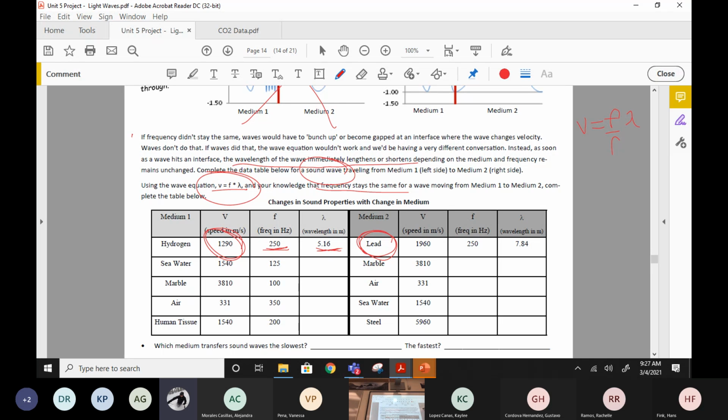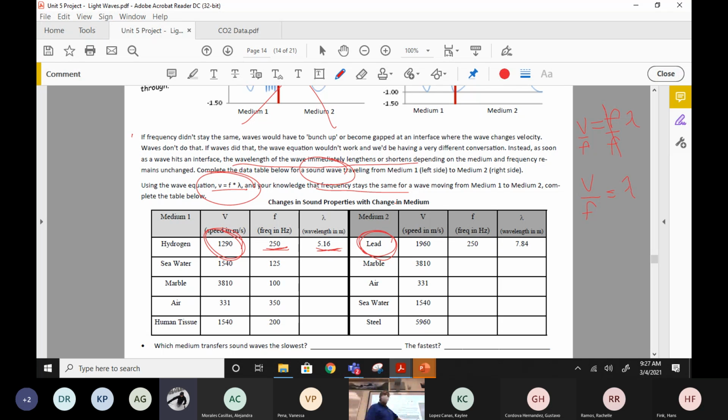Both sides have to get divided by frequency. This just becomes 1, so our new version of the equation, it's the same equation, is velocity divided by frequency gives wavelength. Please test that out. 1960 divided by 250. Go ahead, pop that in your calculator. 1,960 divided by 250.